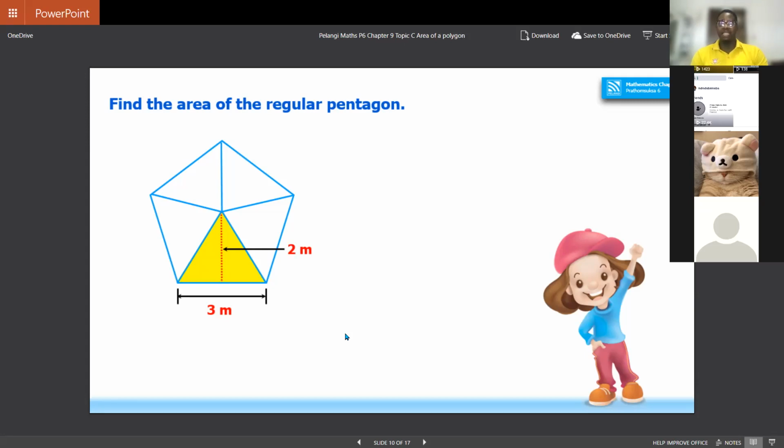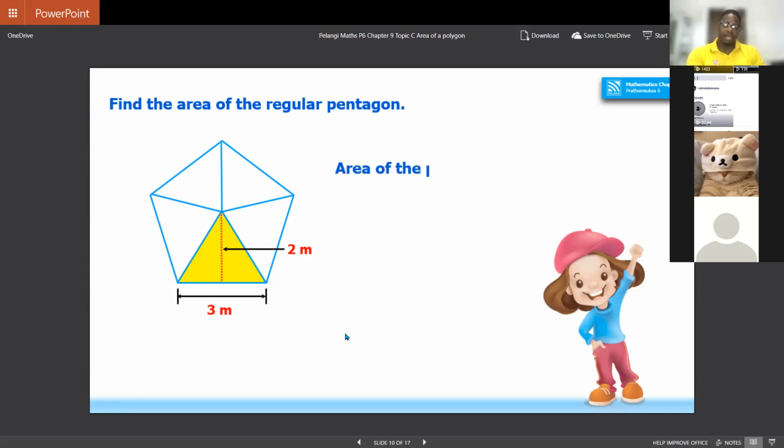We know a pentagon has 5 sides, so n is equal to 5. Remember the formula. Remember also that this does not give us the perimeter, so we'll use the first formula: 1/2 multiplied by n, multiplied by the length of the side, multiplied by the apothem.